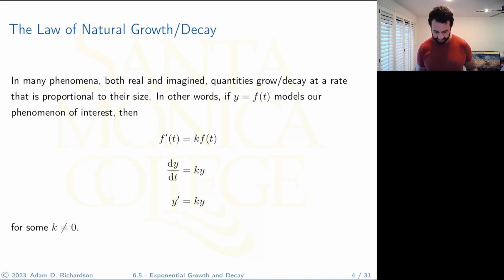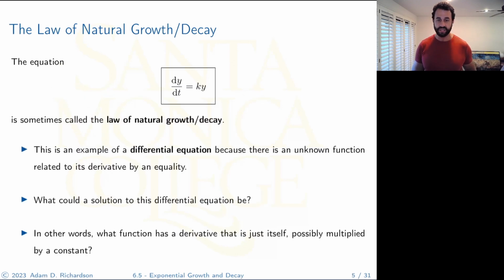So basically dy/dt equals k times y, or y prime equals ky for some non-zero k. That's the idea, and this equation is what's called the law of natural growth and decay.